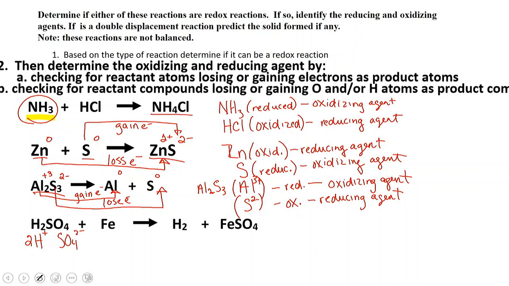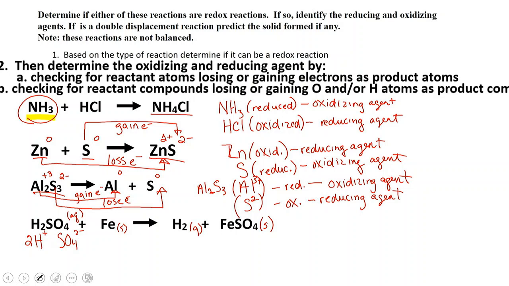What we don't have here in this reaction is that this is an aqueous solution, and we pour that onto some iron solid, and we end up with hydrogen gas. It's like you pour sulfuric acid on top of iron, it bubbles and fizzes, and we end up with hydrogen gas, and we end up with iron sulfate, which is a salt.